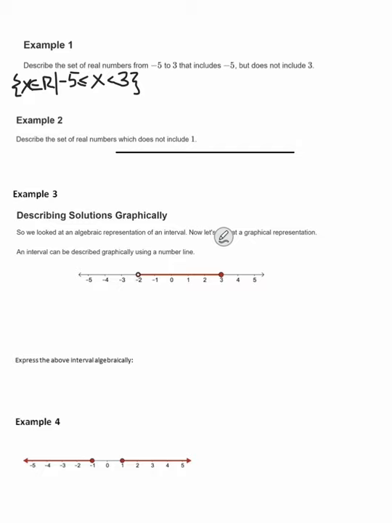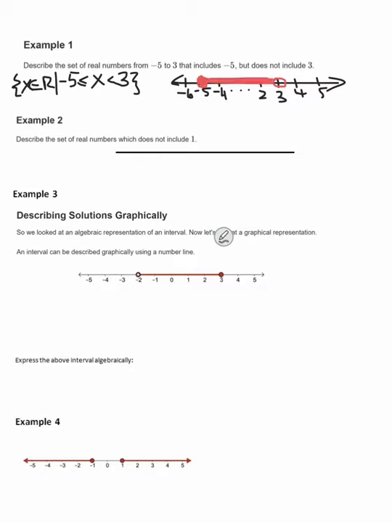If we want to show this on a number line, it would look like this, where remember the -5 is going to be a filled-in circle, and the 3 is going to be an open circle because it doesn't include 3.